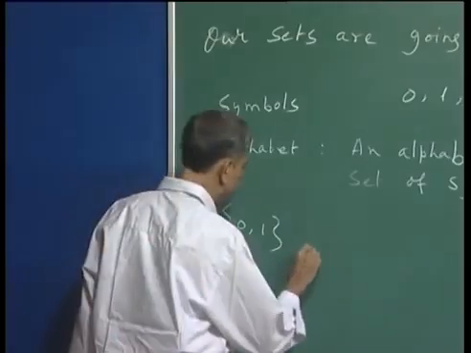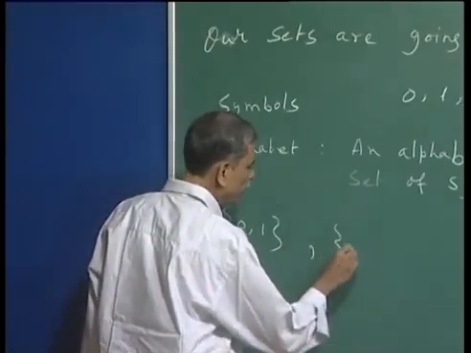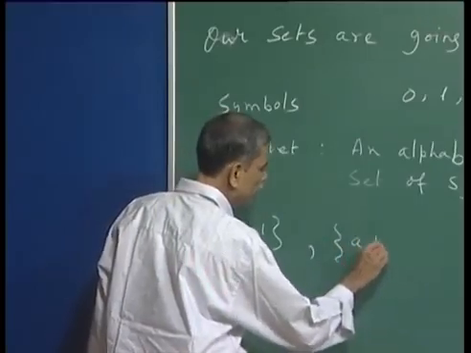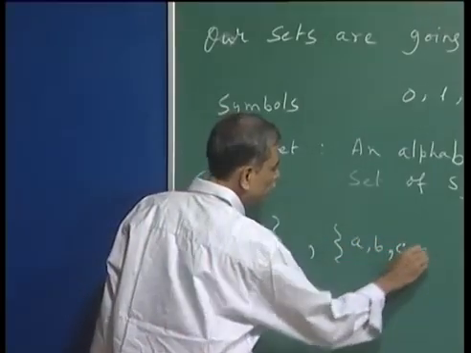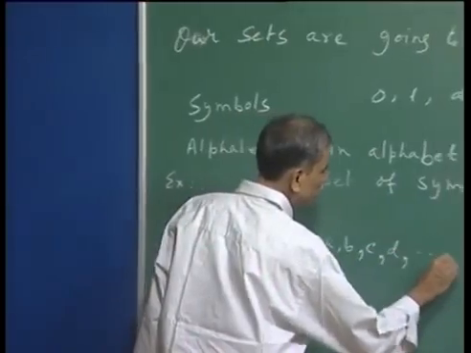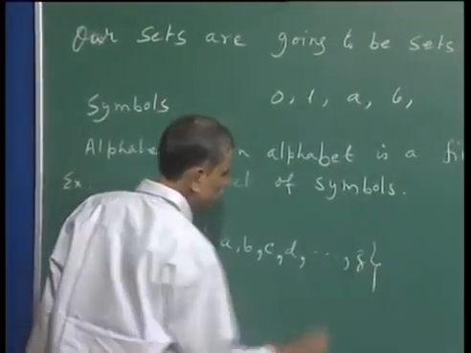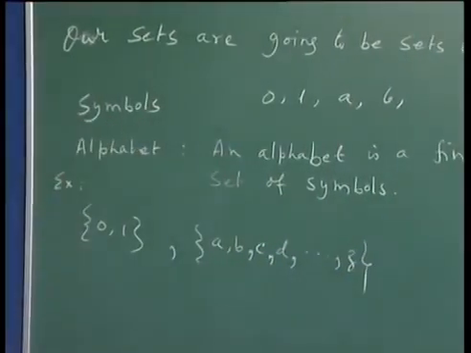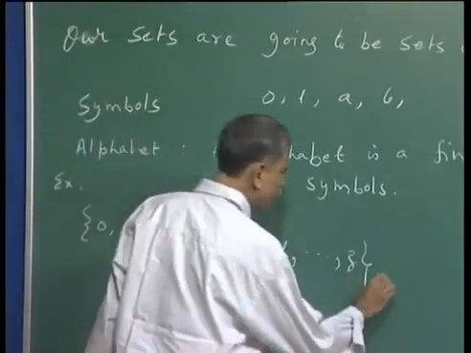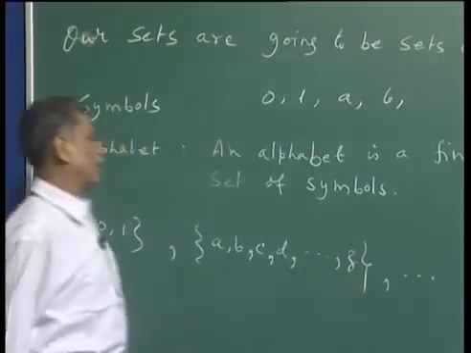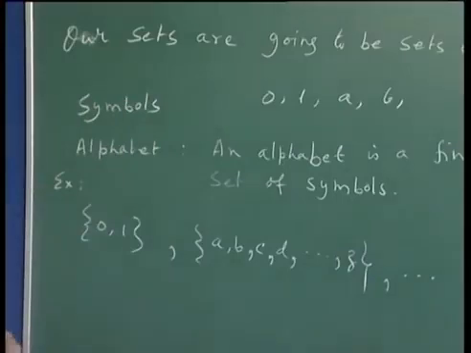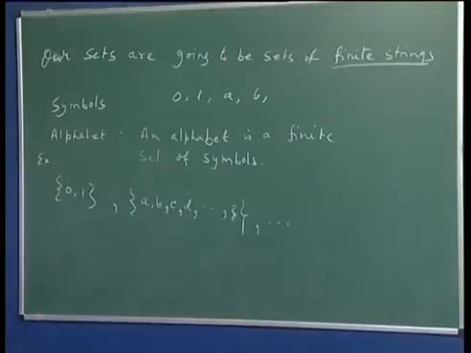Another example could be A, B, C, D all the way through Z. And you can, of course, give many other examples of finite sets which comprise symbols.